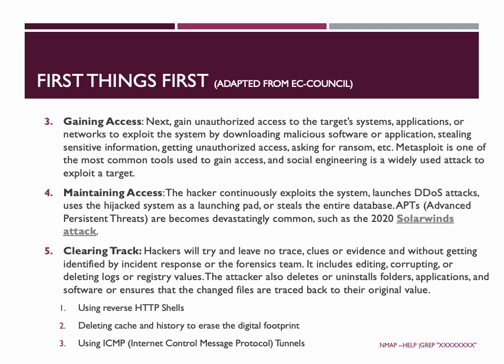Metasploit is the most common tool used to gain access, along with social engineering, which is a widely used attack to exploit a target, right? If you can fool a person or a process, it's easier than trying to fool a technology. Oftentimes the technology itself is nothing but an automated process, so they keep the process piece in mind.